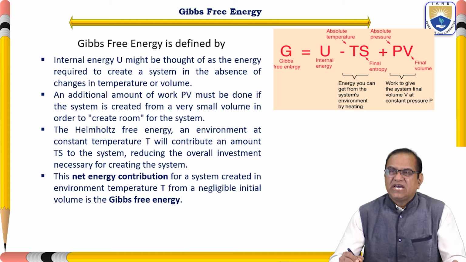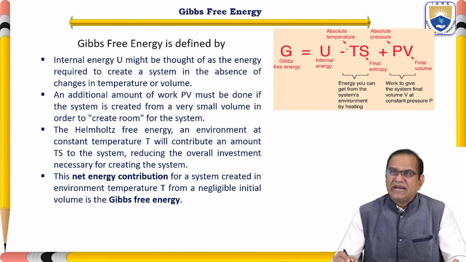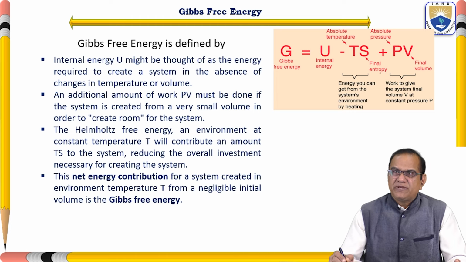So G, the Gibbs free energy, is equal to internal energy minus TS plus PV. What is this TS? T is the absolute temperature, S is the final entropy.